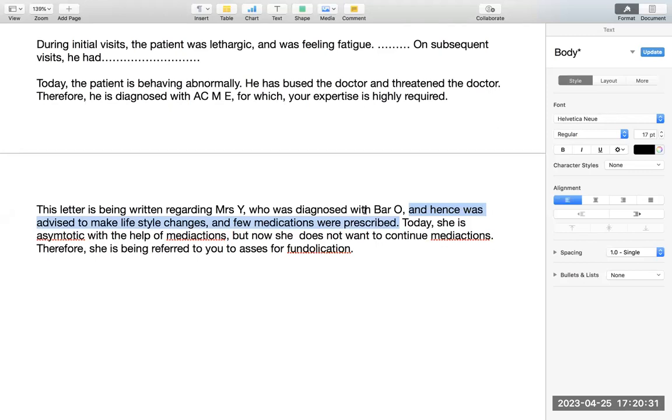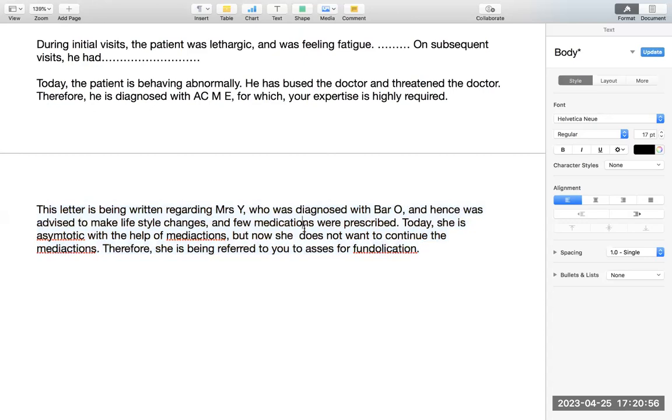Today, she is asymptomatic with the help of medications, but now she doesn't want to continue those medications. Therefore, she is being referred to you to assess for fundoplication. So that is how you can write.